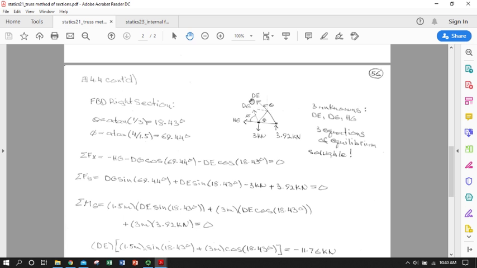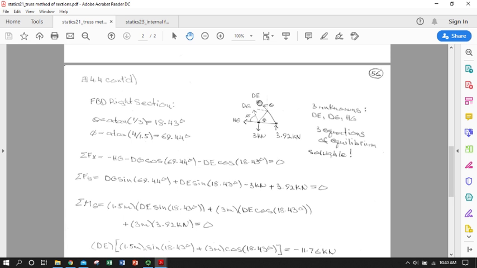Well, I have three unknowns. I now have something that I am going to put into static equilibrium, and I now have an equation for moment that is applicable. I need to have this whole truss body not rotate. So I have three equations of equilibrium now. I'm back to more of my classic equilibrium analysis. I have the geometry, I have the orientation of the forces.